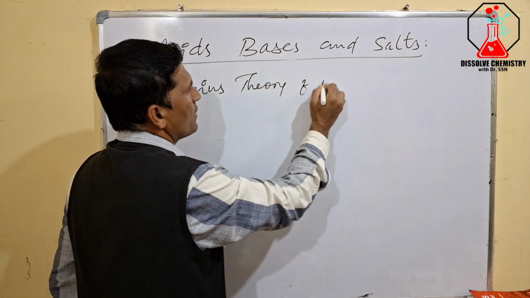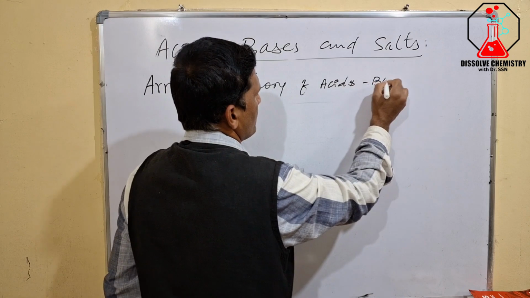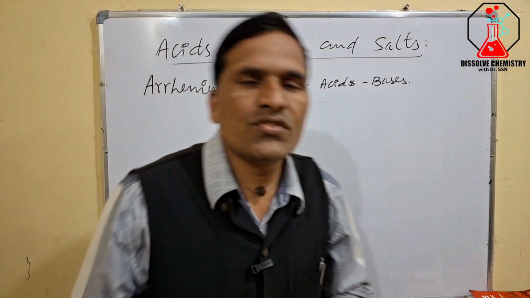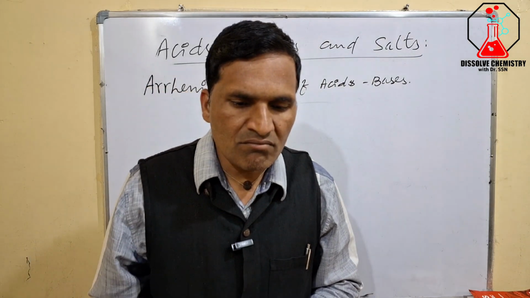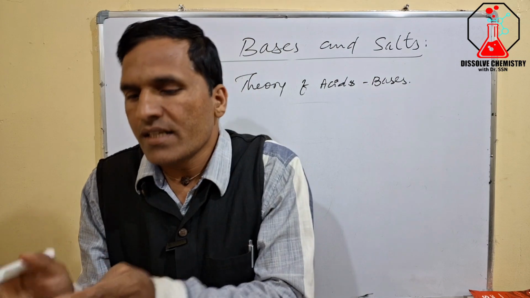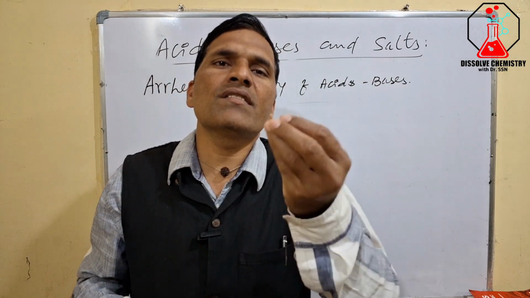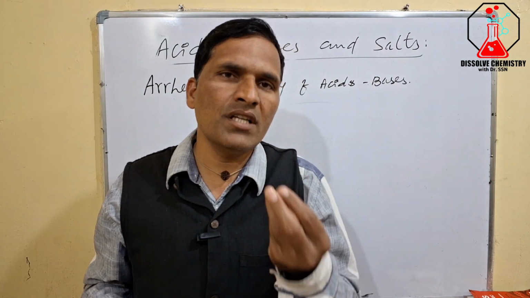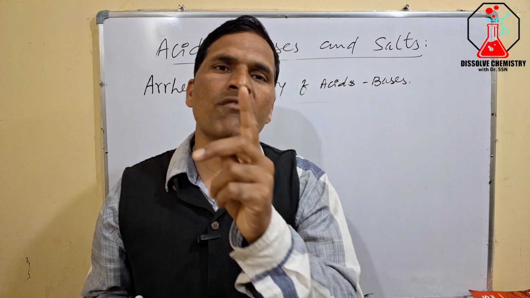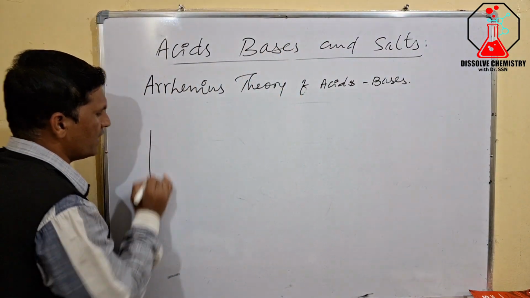Theory of acids and bases. According to this theory, any compound which upon dissolution in water dissociates and furnishes H plus ions is referred to as an acid. Let me illustrate.